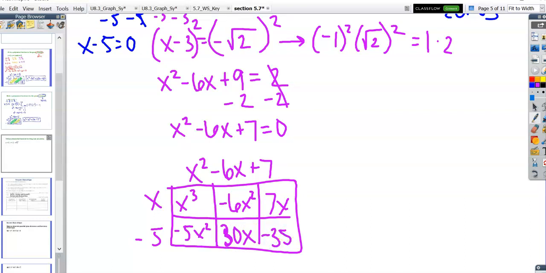And then combine the like terms. X to the third minus 11x squared plus 37x minus 35.